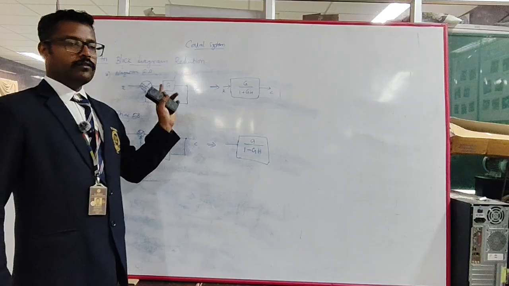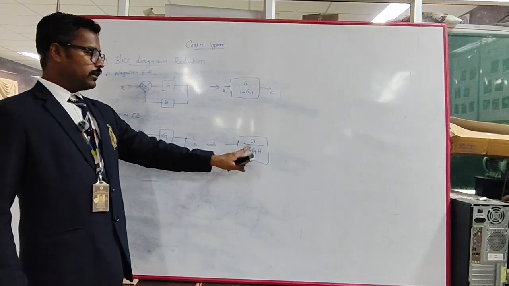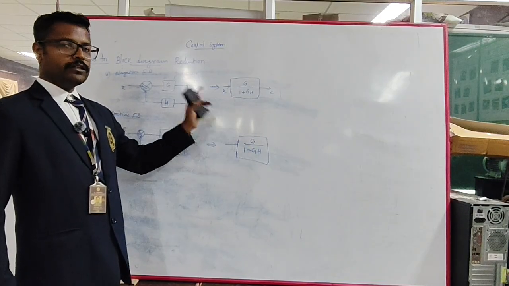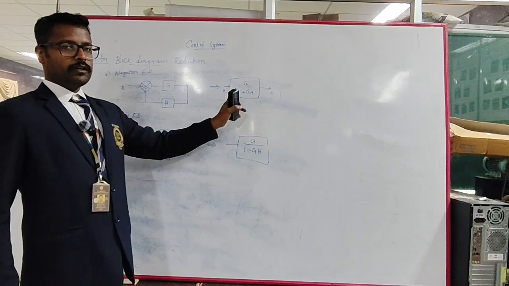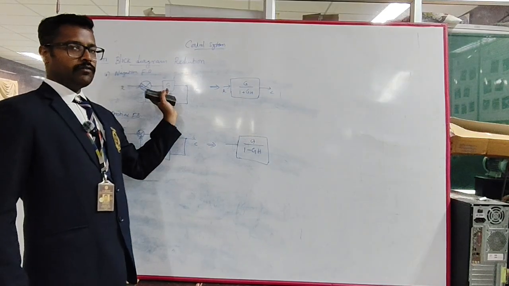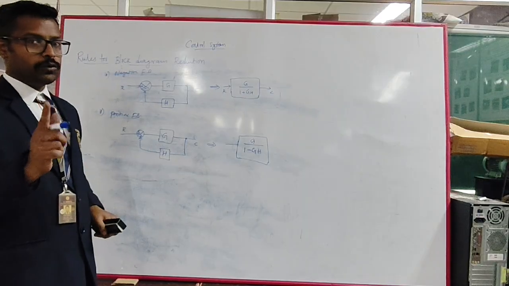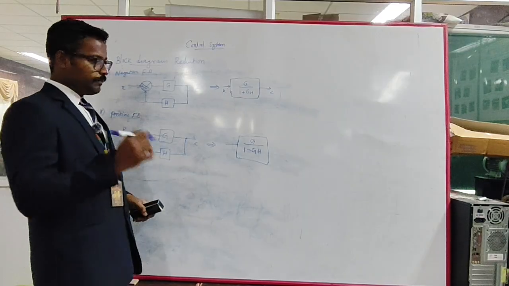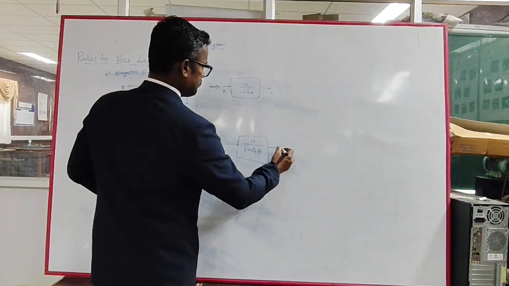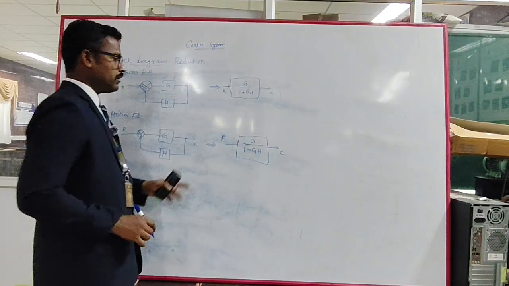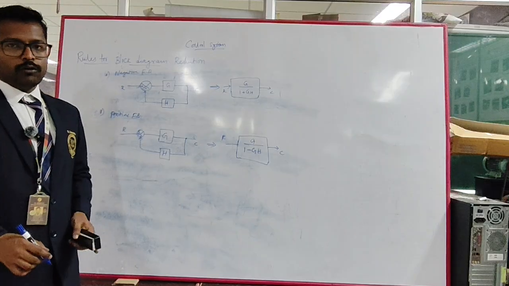So if it is a positive feedback, you will get a negative sign in the denominator, and for negative feedback, a positive sign. The interchange of sign is present in the denominator, just note it and don't forget it. So the reference signal R and your output C.